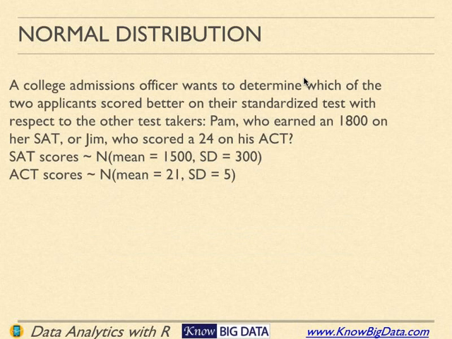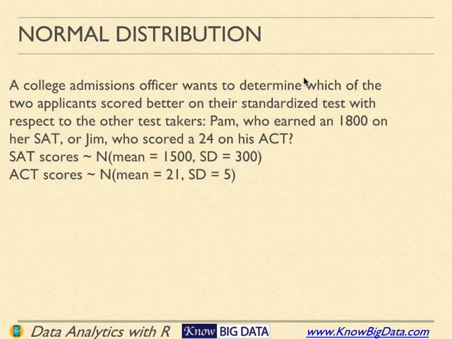The area within 2 deviations is 95%, and the moment you reach 3 deviations from the central point, you cover 99.7% of the area. So beyond this line, on both sides, there is only 0.3% area.